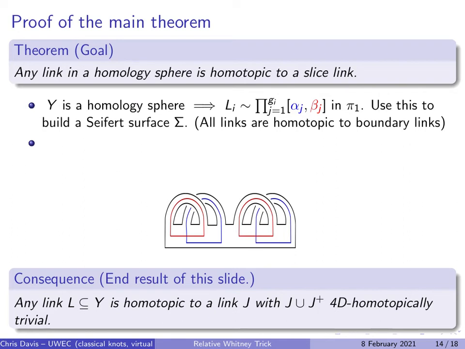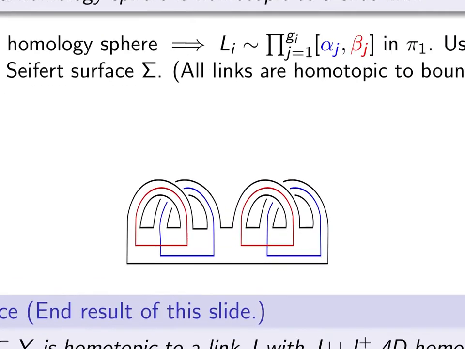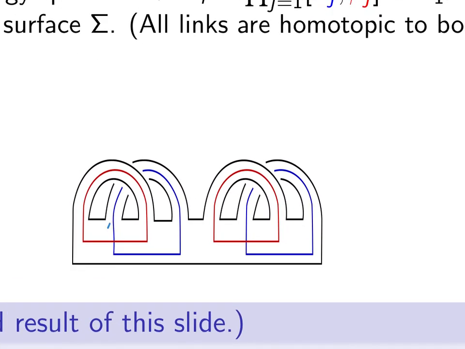So you can use that to construct a Seifert surface. I'll call it sigma. In fact, that Seifert surface sigma will satisfy that it has a symplectic basis consisting of A_i's and B_i's. Maybe this is A1 and B1, this is A2, B2.